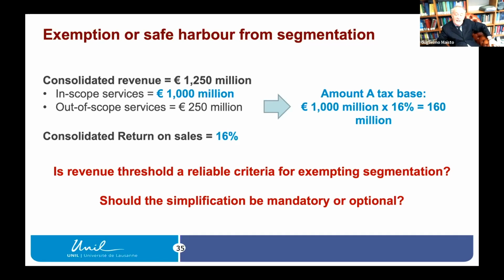I find, let's say, safe harbor to be reasonable. I believe that segregating, so segmenting, is a very difficult job. It's a very difficult exercise. So to permit large groups to use a simplified approach with an option to shift into a segmentation only when that is strictly necessary makes sense.